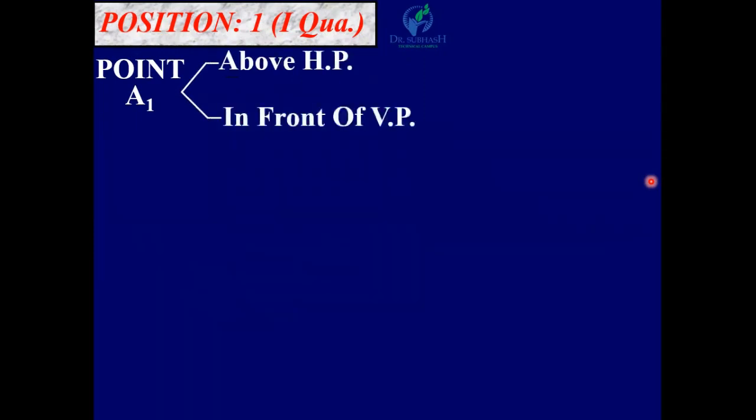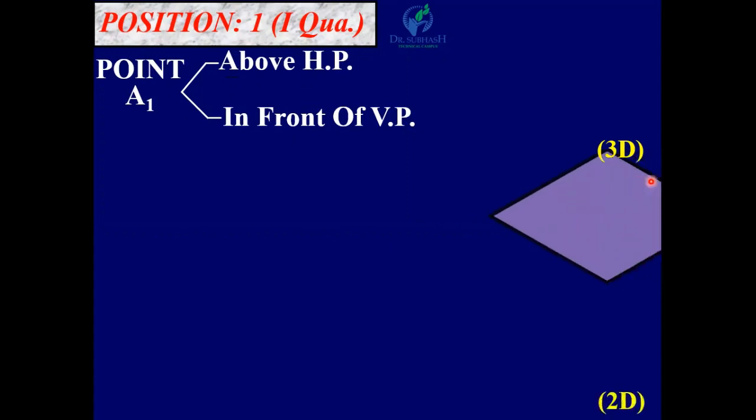Position 1, that is, the point is in quadrant 1. Suppose a point A1 is in quadrant 1, which means above HP and in front of VP. First let us see it in 3-dimensional view and then in 2-dimensional view.